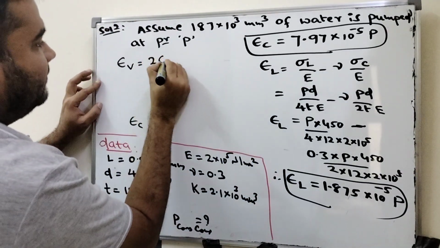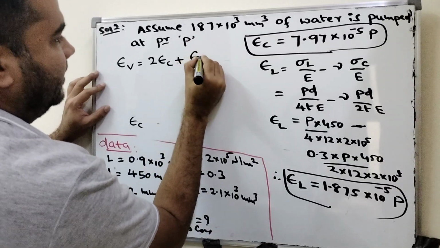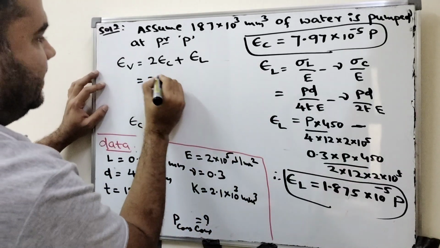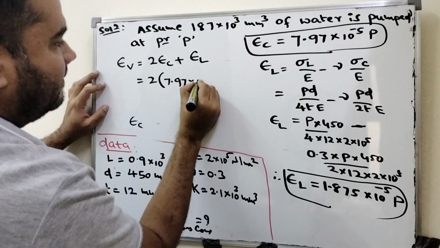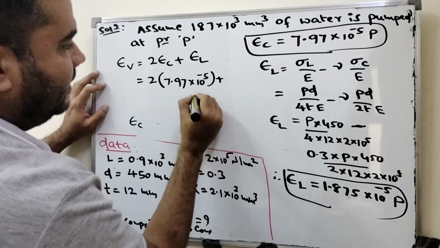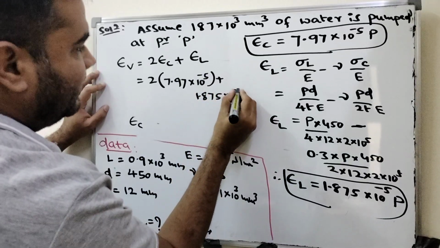This will be equal to 2 into the circumferential strain is 7.97 into 10 raised to minus 5, plus how much is the longitudinal strain? 1.875 into 10 raised to minus 5.